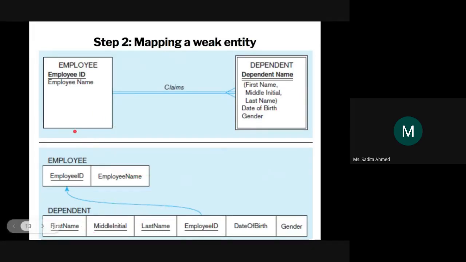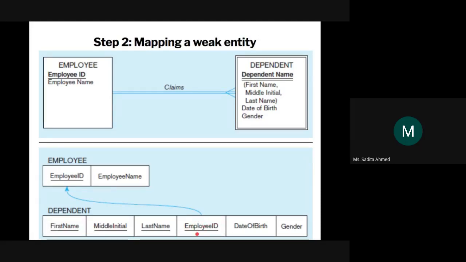If an employee has, let's say, 3 dependents, in the dependent table the employee ID will be repeated in 3 rows. If 3 dependents depend on one employee, in that case, in the dependent table we would have the employee ID repeated thrice, in 3 separate rows, the same employee ID each time, right?